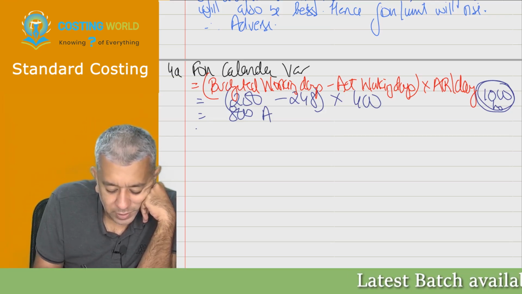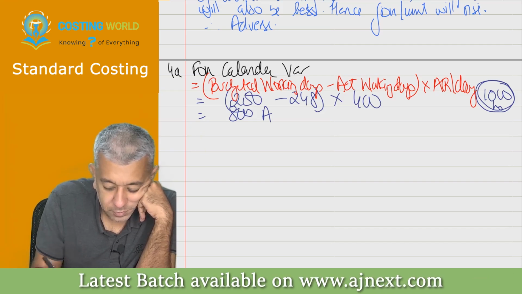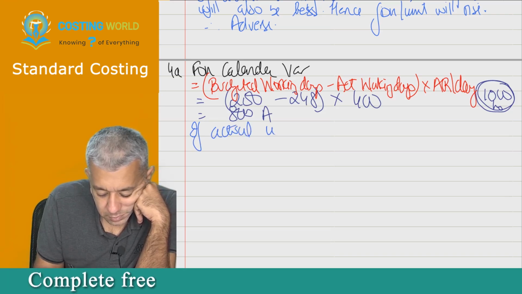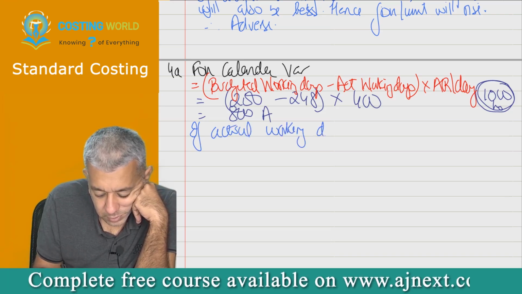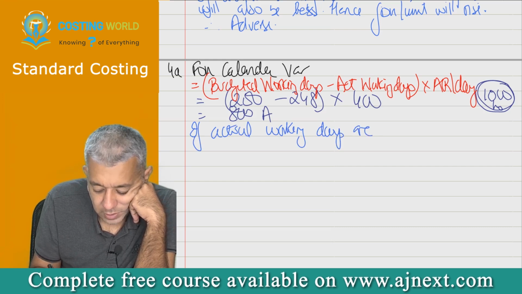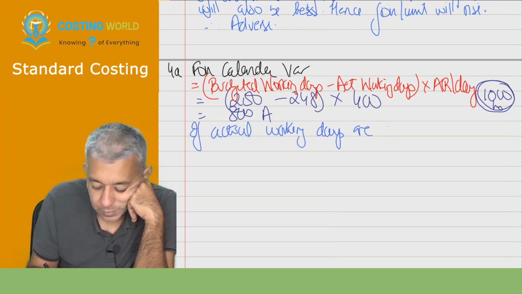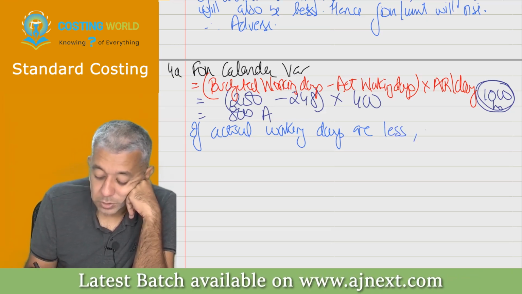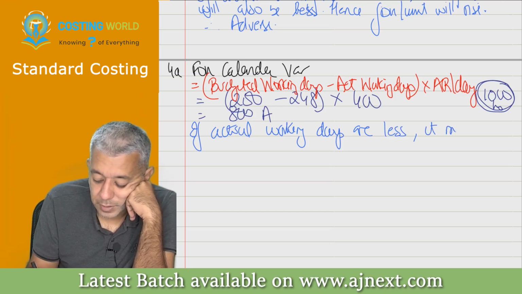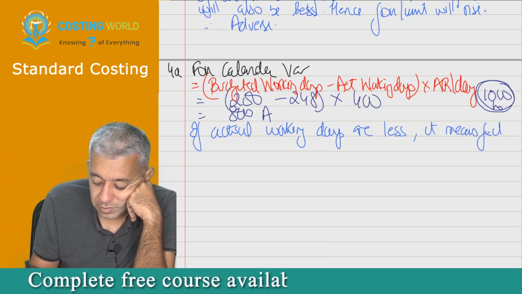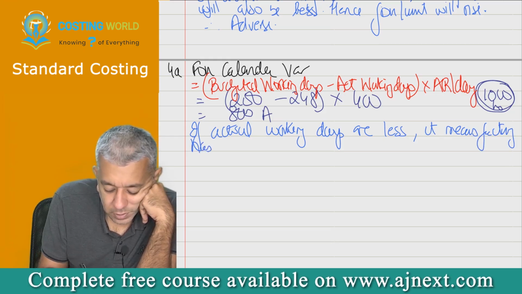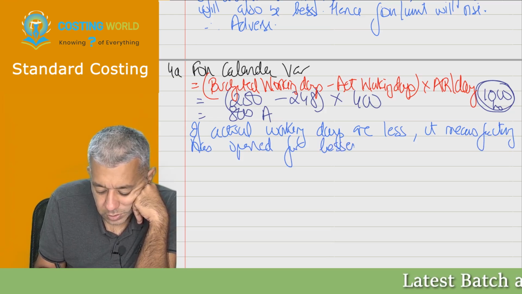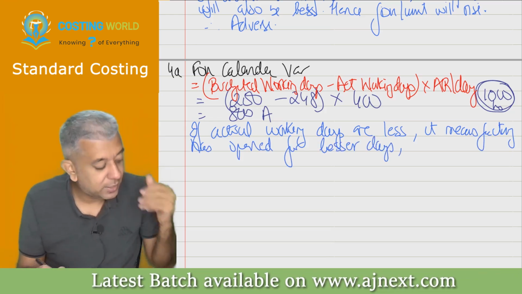Now, you will write down over here: if actual working days are less, it means the factory has opened for lesser days.